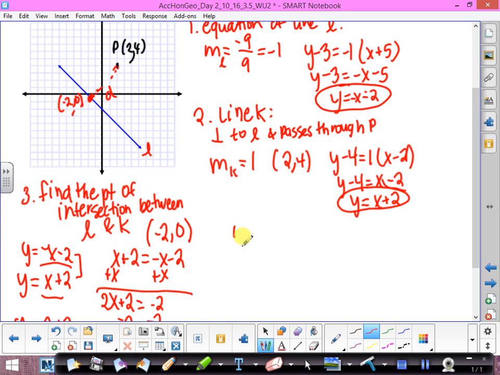So the fourth part is going to be, because remember we're trying to find the distance between P and that line, and we have to use the segment perpendicular to that line that passes through P. So we're going to use the points negative 2, 0 and 2, 4 and find the distance between them.